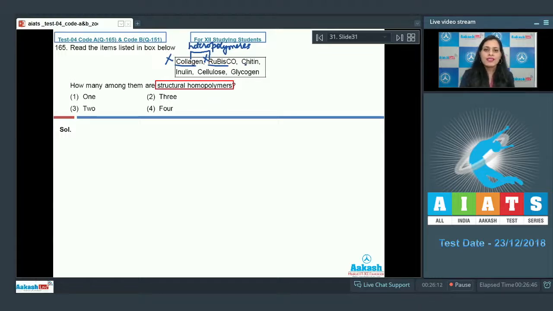The next option given is chitin, and chitin is a structural homopolymer. Next option given is inulin, and inulin is a homopolymer of fructose, but it is not a structural homopolymer. It's a storage homopolymer.